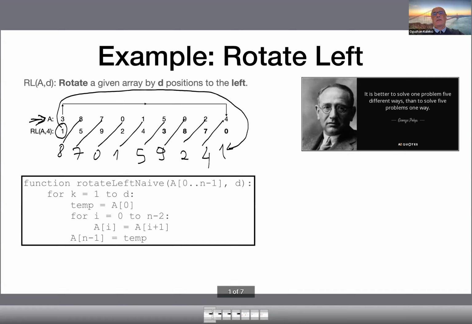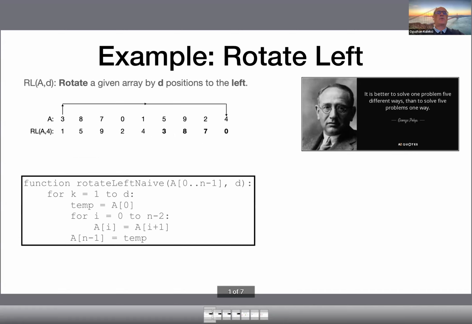And the question asks me to give a function such that a given array will be rotated to the left by D positions. That means in my function, I will have 2 parameters. The first one is an array of size n, and the second parameter is how many positions I will rotate it to the left.